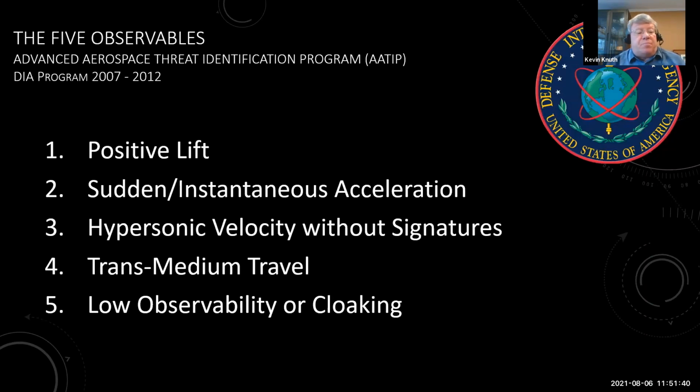We have positive lift, sudden, or they call it instantaneous acceleration. I'll mention that in a bit, and hypersonic velocity without signatures, transmedium travel, and low observability or cloaking. So this talk is going to focus on these 5 observables, as well as some other physical characteristics that we've observed. Next slide, please.